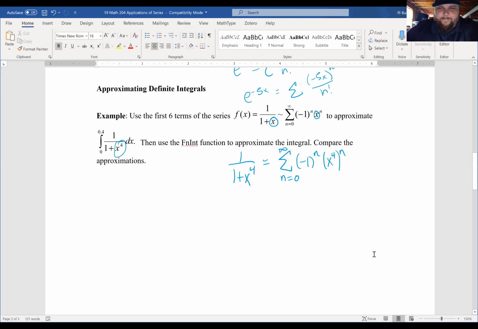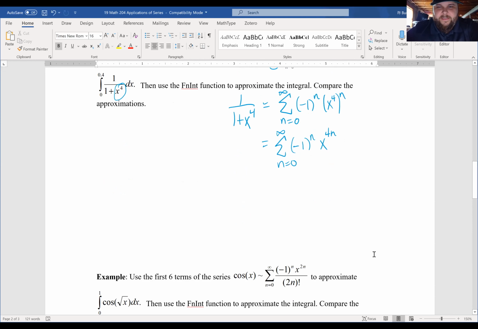That then is x to the 4n. It says use the first 6 terms. So let's take the first 6.